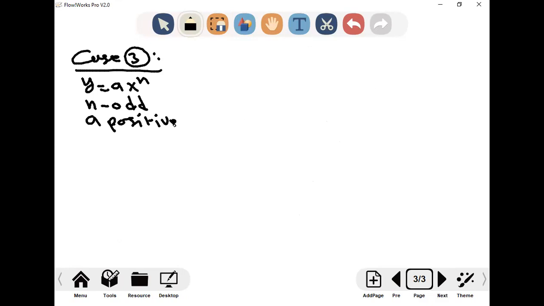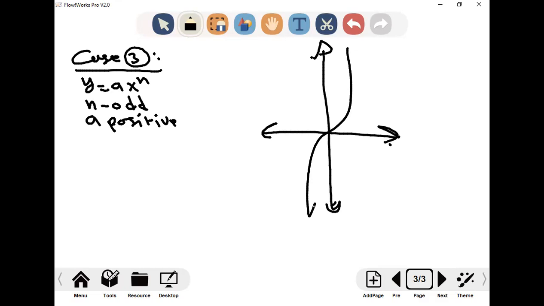You know how I draw x power 3, odd power. Understand it and memorize it. Like this, x power 3. This is x power 3, okay? X power 2 is a parabola, x power 3 is something like this, okay? So this graph is for this case: f of x equal x power 3. What's A? 1. So n is odd and A is positive, right?